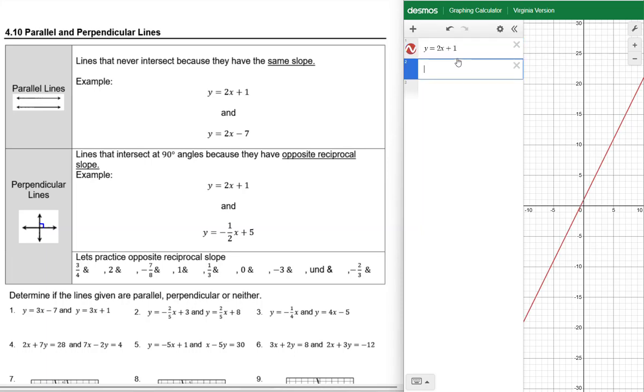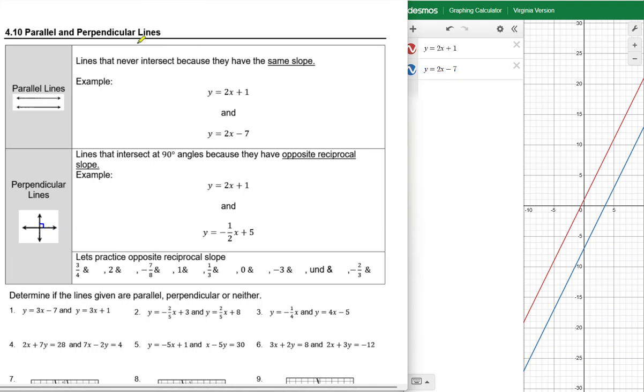And then here is the second line, y equals 2x minus 7. There you go, they're parallel lines. They will never intersect. They will never cross each other because they're going in the same direction, okay? And then, just to highlight this, they have the same slope.